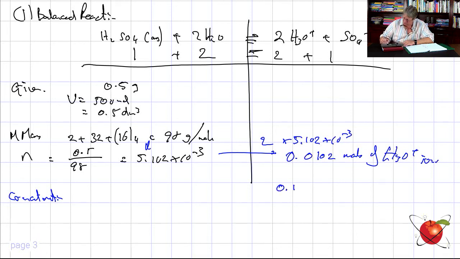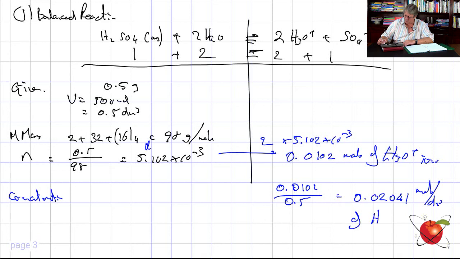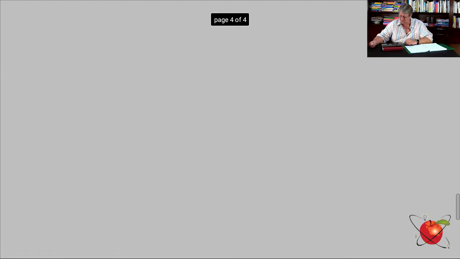Therefore it is 0.0102 divided by 0.5, which gives me 0.02041 moles per cubic decimeter of H3O. Therefore, that number is the concentration of H3O+, is it not? We have found the concentration of H3O+.